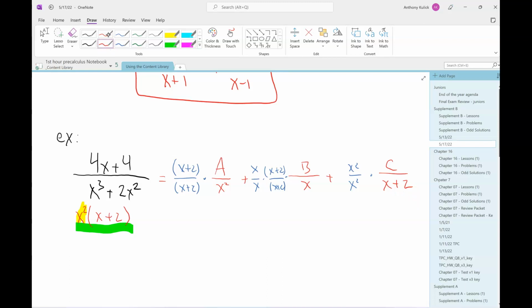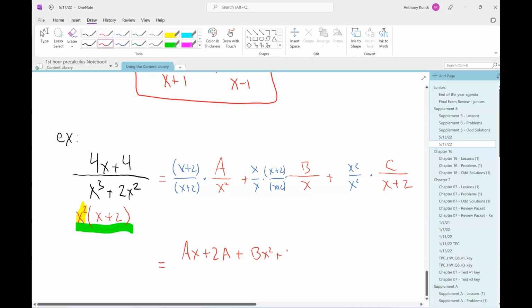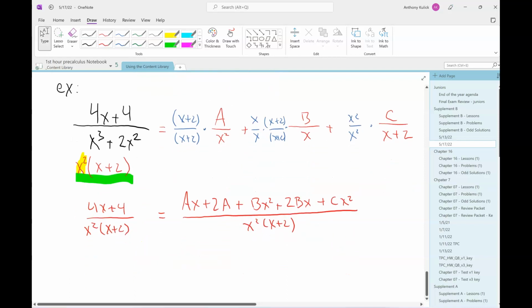We doing okay? Is everybody okay with how I multiplied everything out there and got my new numerator?